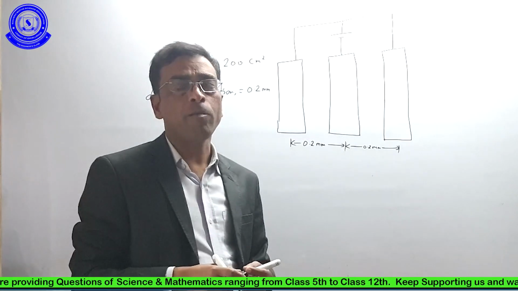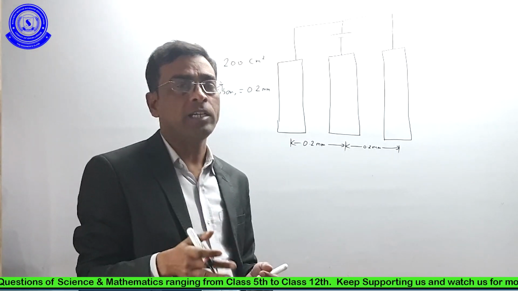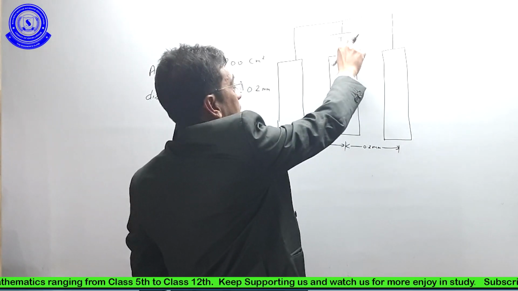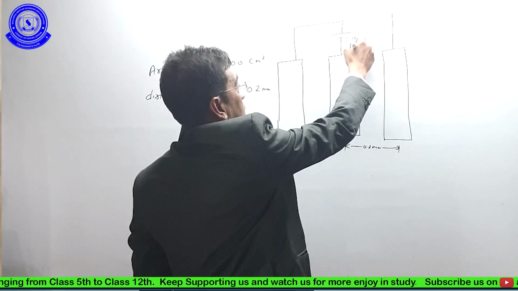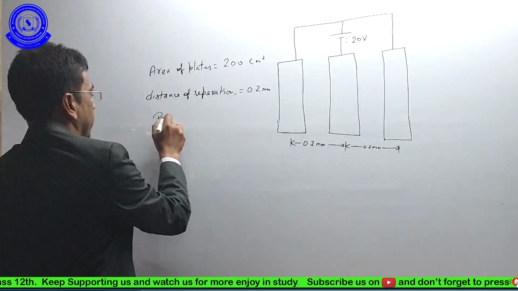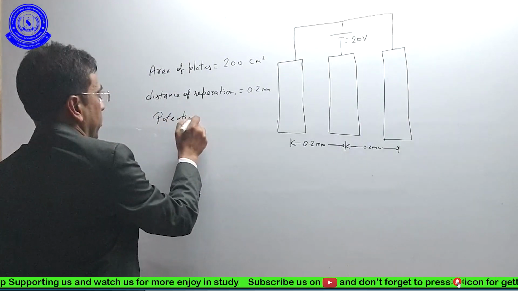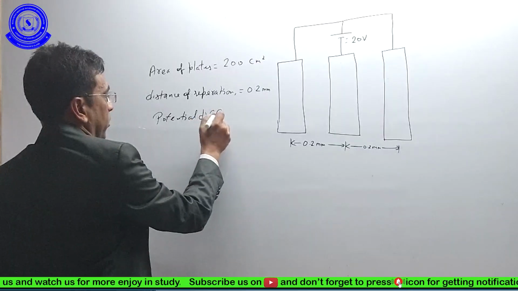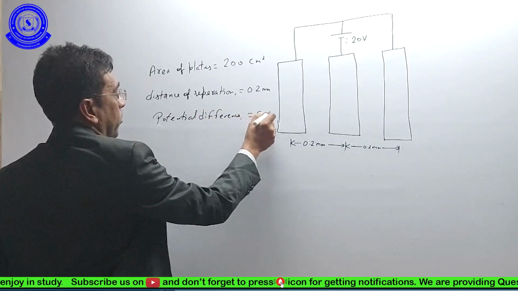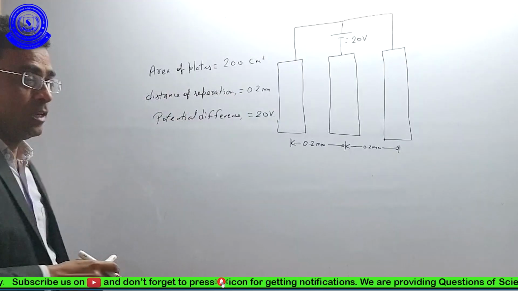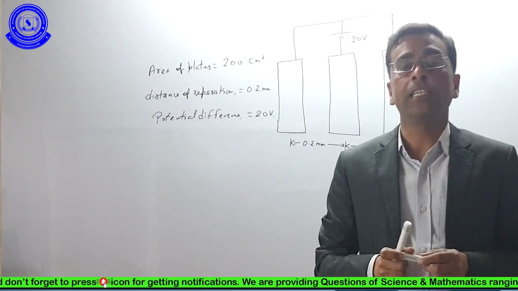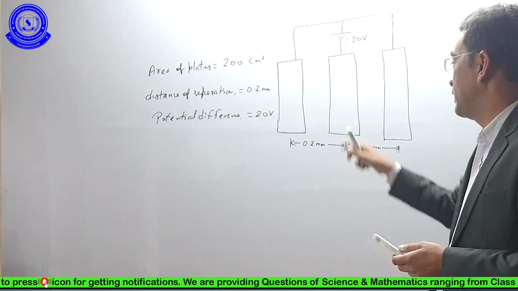The EMF, the voltage creating the potential difference by the cell, is 20 volt. Now we have to find the net charge available on this plate.